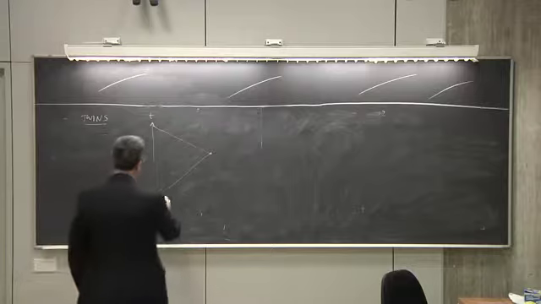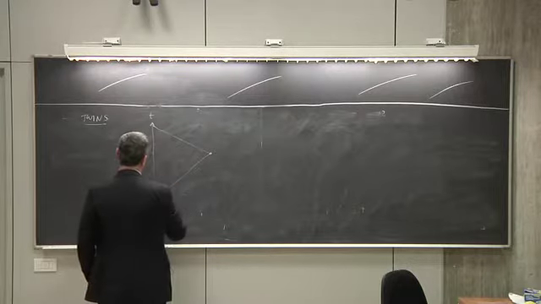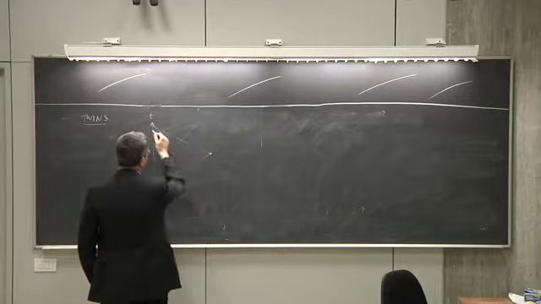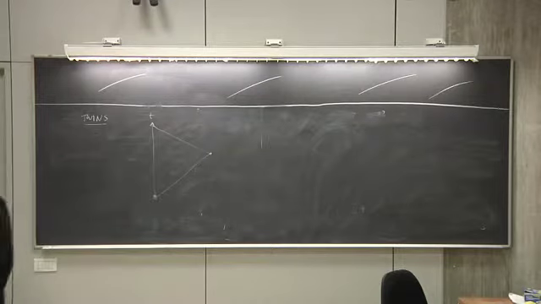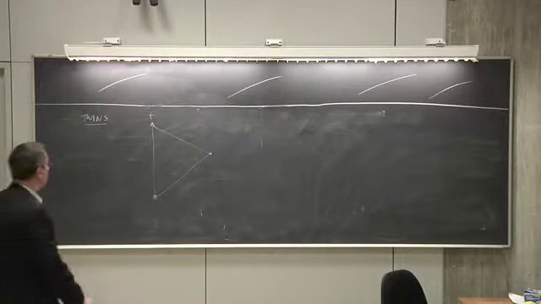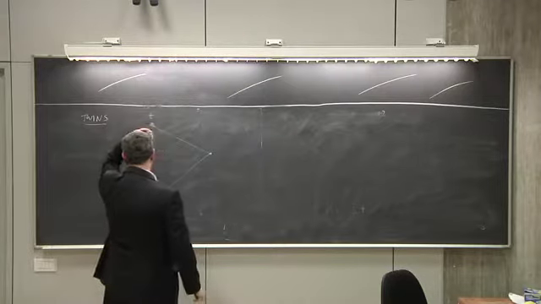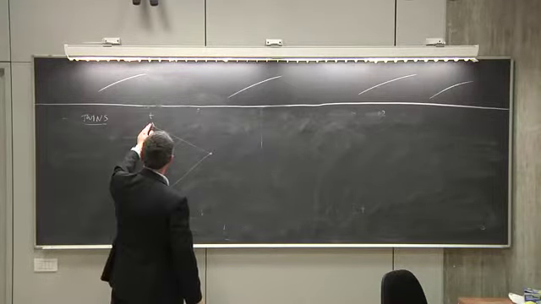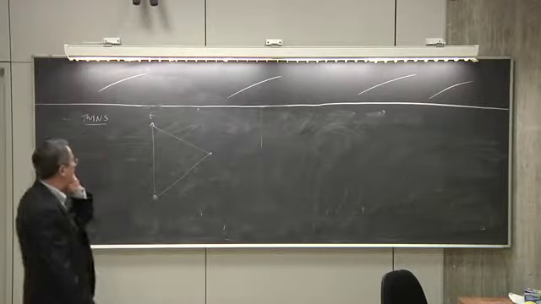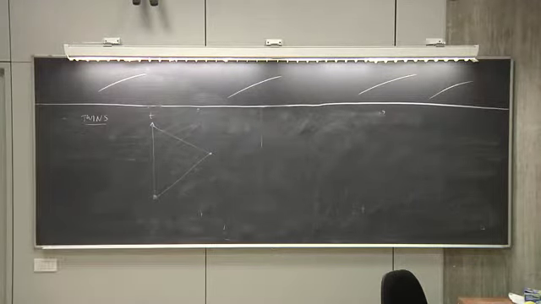So the clock here is ticking slower than the clock on the Earth. So maybe it takes like 20 years to go from here to here. Meanwhile, on the Earth, 100 years have elapsed, right? So when the two twins meet again, the guy who stayed here is 100 years old, the other one is 20 years old.